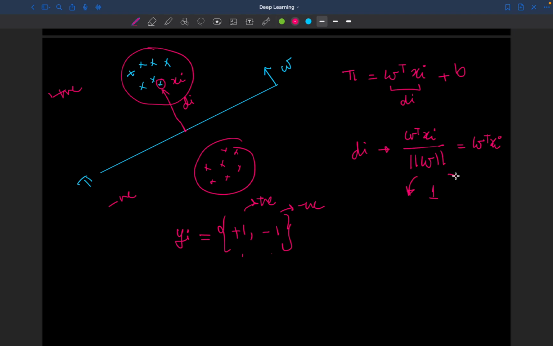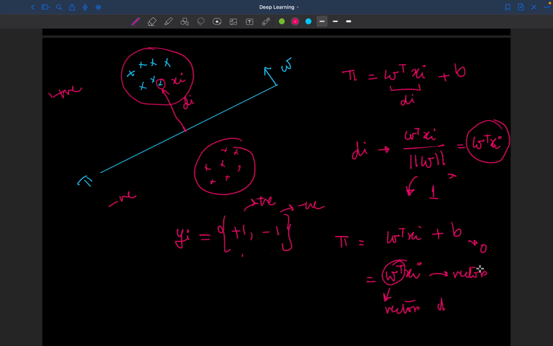Since this is a unit vector, our equation becomes w transpose xi. In the equation of the plane, w transpose xi plus b, b is 0, hence we just go with w transpose xi. Our w is also a vector of dimension d, and x is also a vector of dimension d, in R^d.